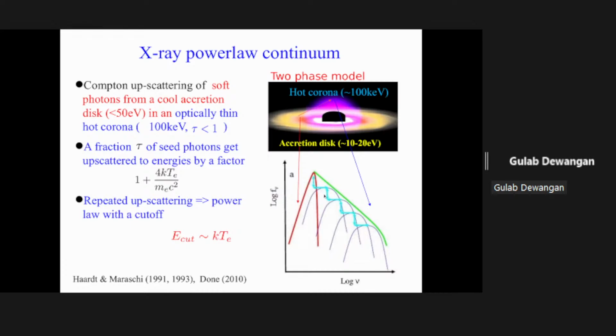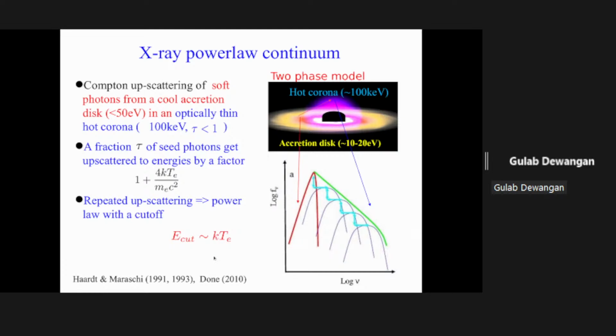When you add all these black bodies, it looks like a power law with a high energy cutoff, and the high energy cutoff is comparable to the temperature of this hot corona. And that's how we produce a power law spectrum with a high energy cutoff in the Comptonization process, due to multiple repeated inverse Compton scattering of photons from the accretion disk by the hot electrons in the corona.